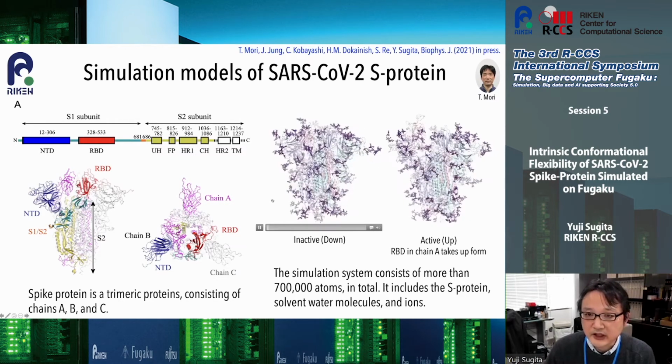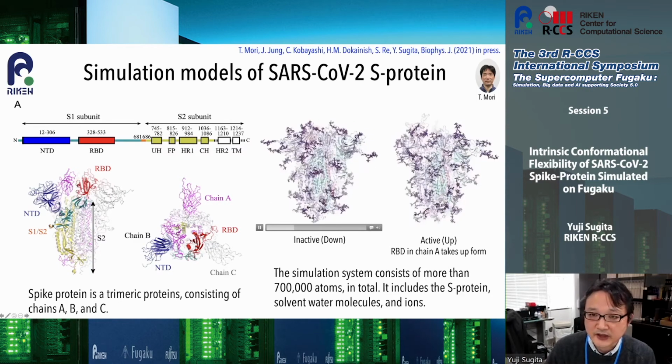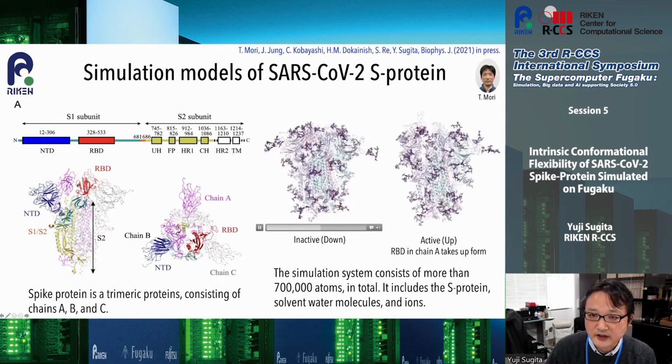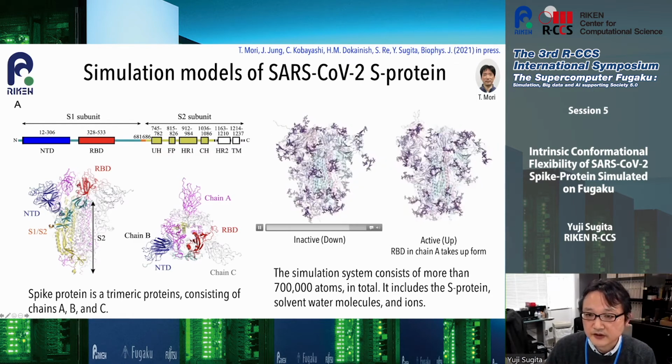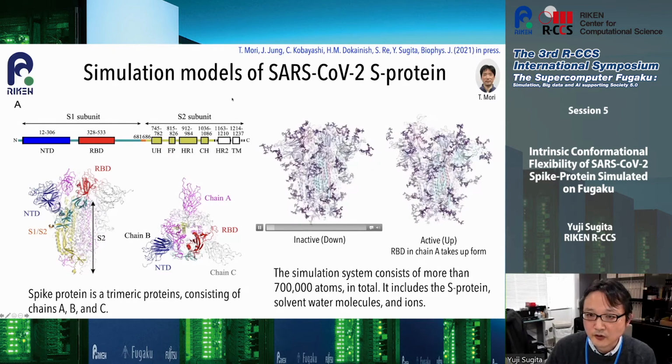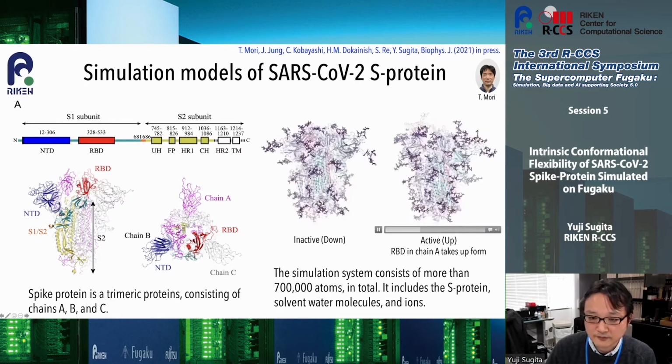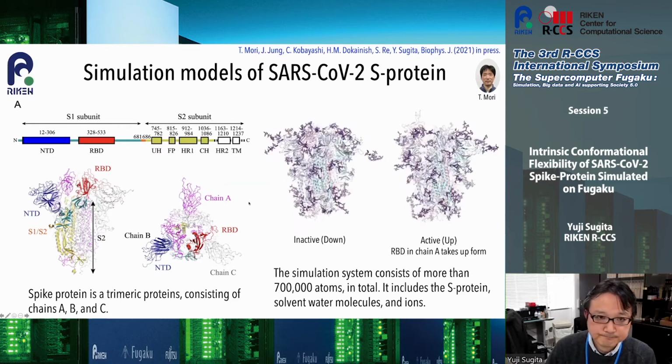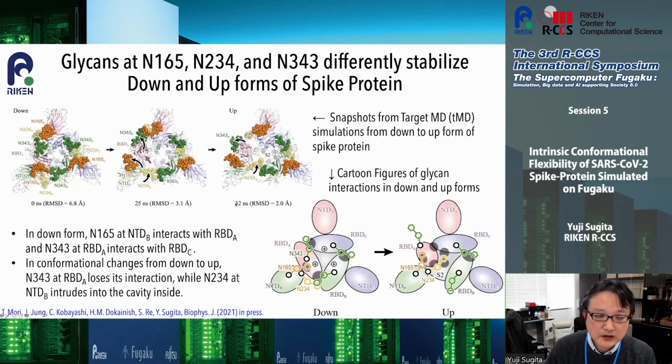So you can see the flexible dynamics of glycans on the surface of the spike protein in the down form and active form. Using the simulation trajectory, we analyzed the role of glycan structures in the stabilization of both the down inactive and active up structures.